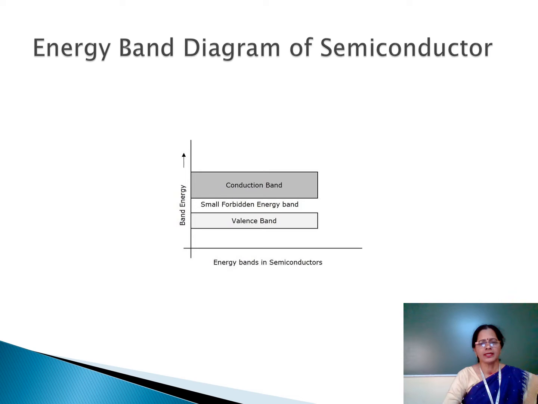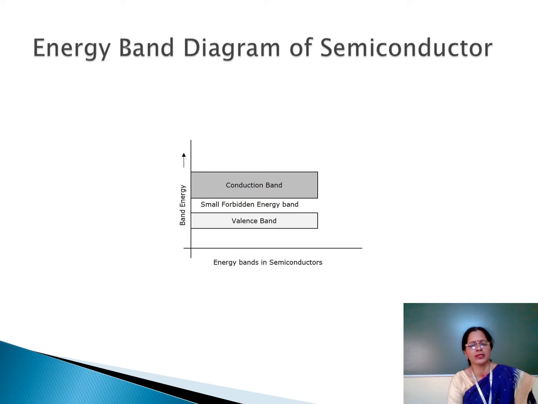Another fundamental feature of a semiconductor is its energy band diagram. If we look at the energy band diagram of a semiconductor properly, in the case of a semiconductor the forbidden energy gap value is very low, not 0 as in a conductor and not very high as in an insulator.